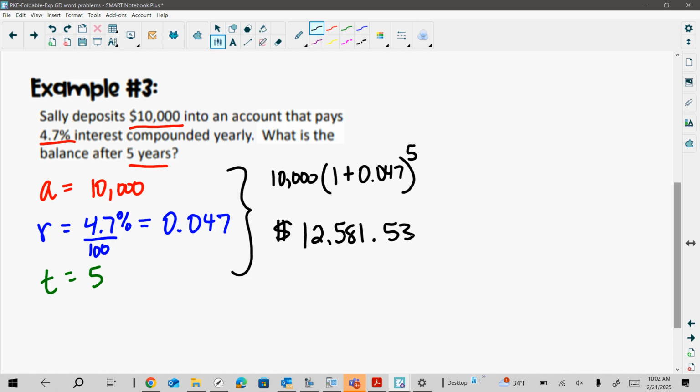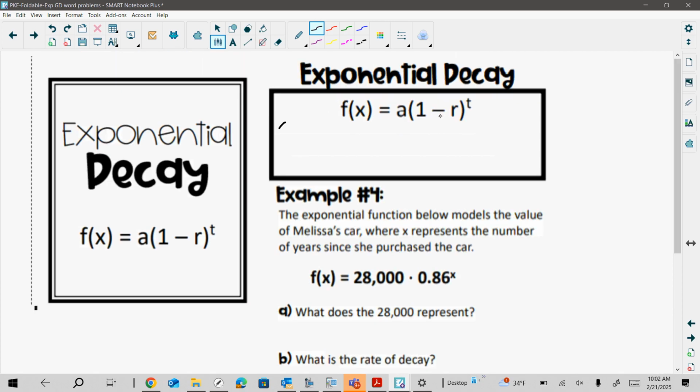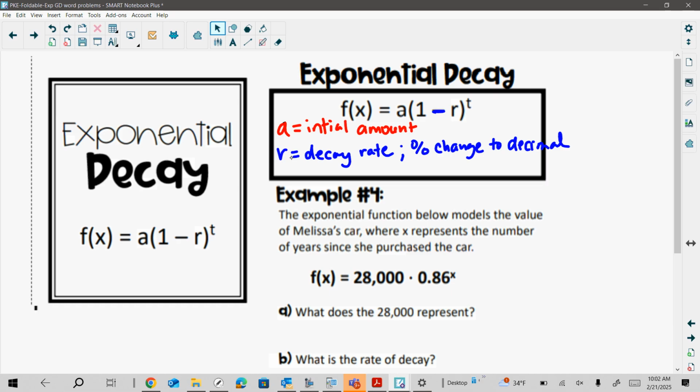All right. So the only difference we're going to address for decay versus growth is that in the formula you have subtraction. So your A is still your initial amount. The R is still the rate, but it's percent change to a decimal.